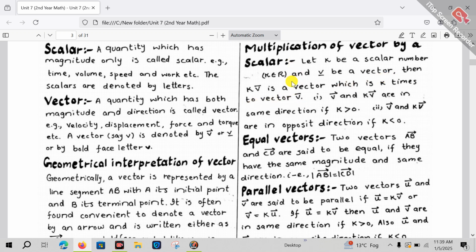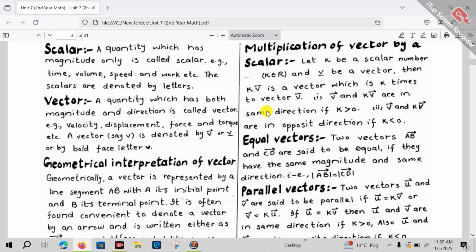K times means if we have a vector v and we multiply it by 2, then it becomes 2 times v. If we multiply it by 3, then it will become 3 times the vector v. So kv is a vector which is k times the vector v.